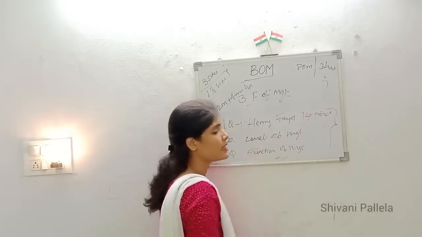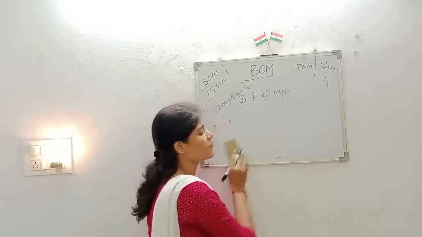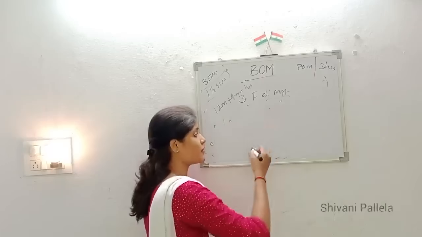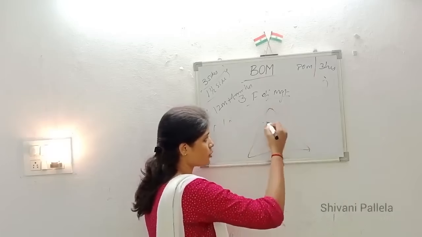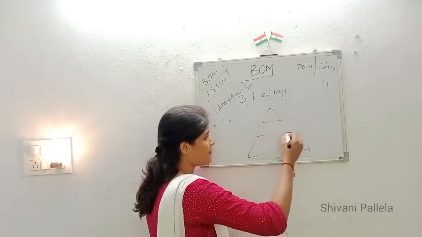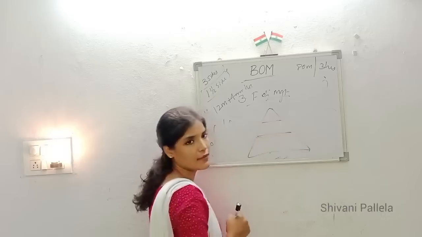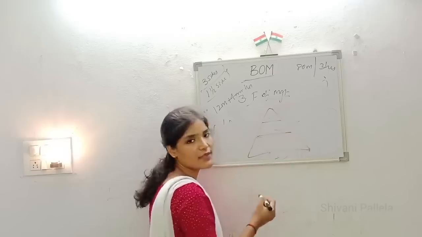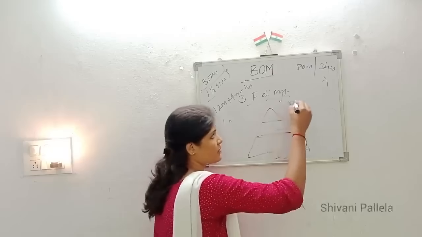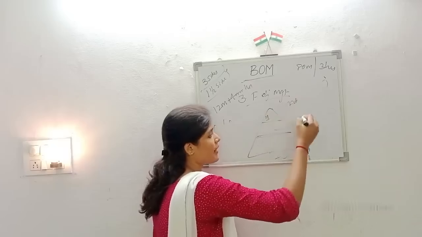What is meant by levels of management? In levels of management, you need to draw the diagram. It will be more impressive. This is a triangle, ma. Top level, middle level, bottom level. First level, who will be there? Second level, who will be there? Administration will be for the first level.